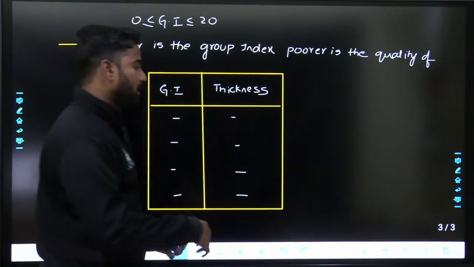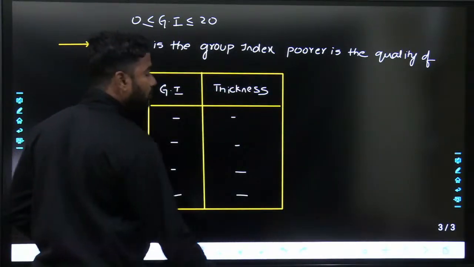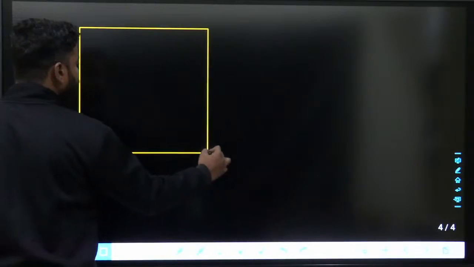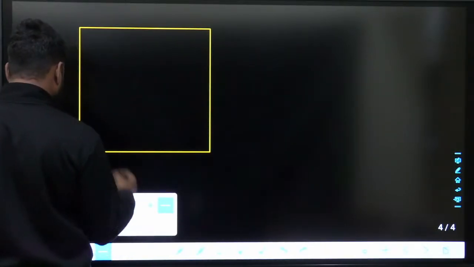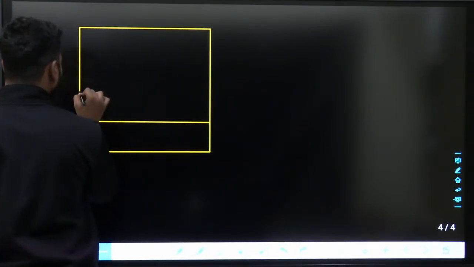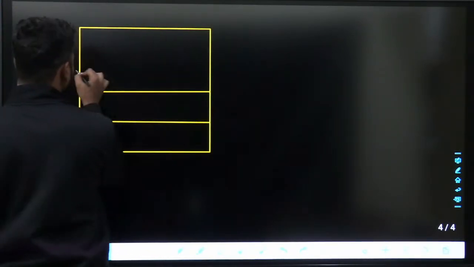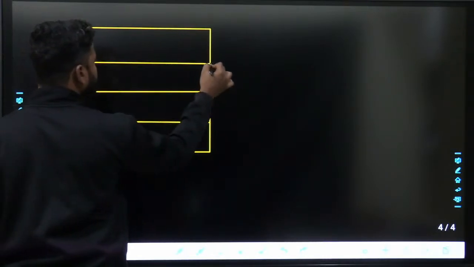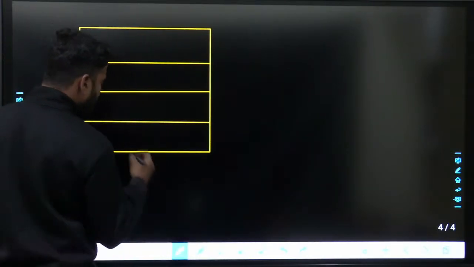What is the drawback in this? If you ask me the drawbacks in the group index, generally what do you have in a flexible pavement?